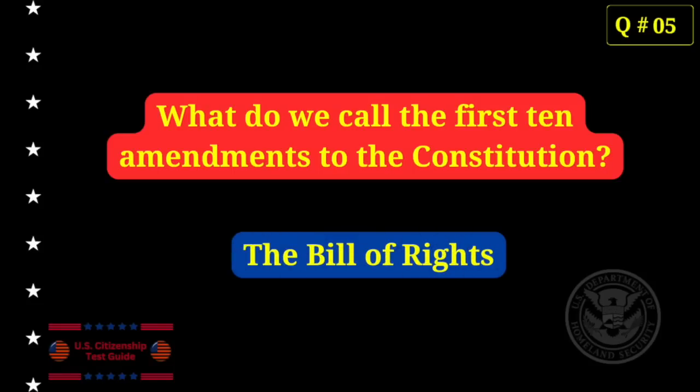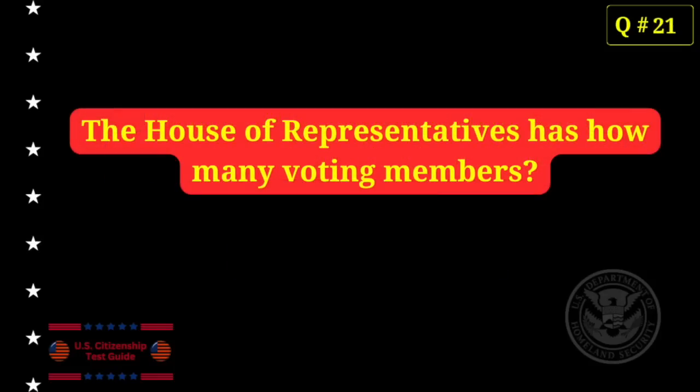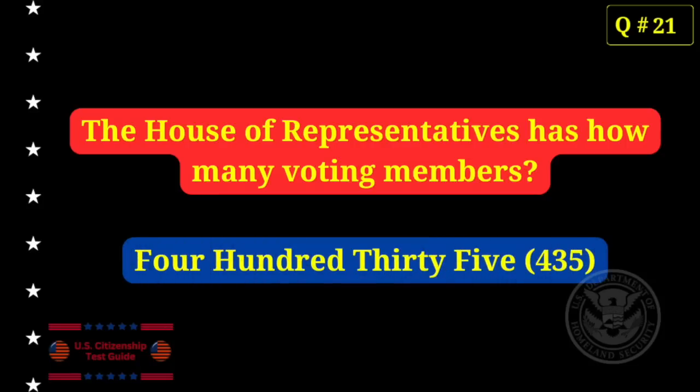The Bill of Rights. The House of Representatives has how many voting members? 435.